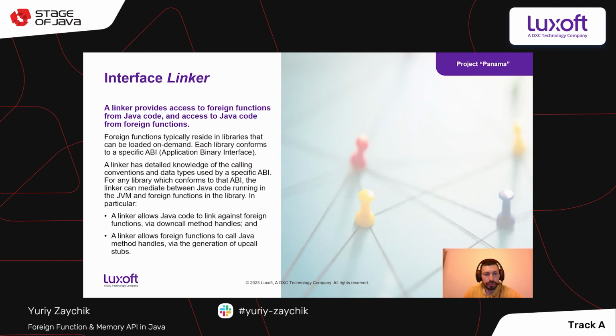So the next important interface is called Linker, and this interface provides access to foreign functions from the Java code, and vice versa. It provides access to Java code from foreign functions.